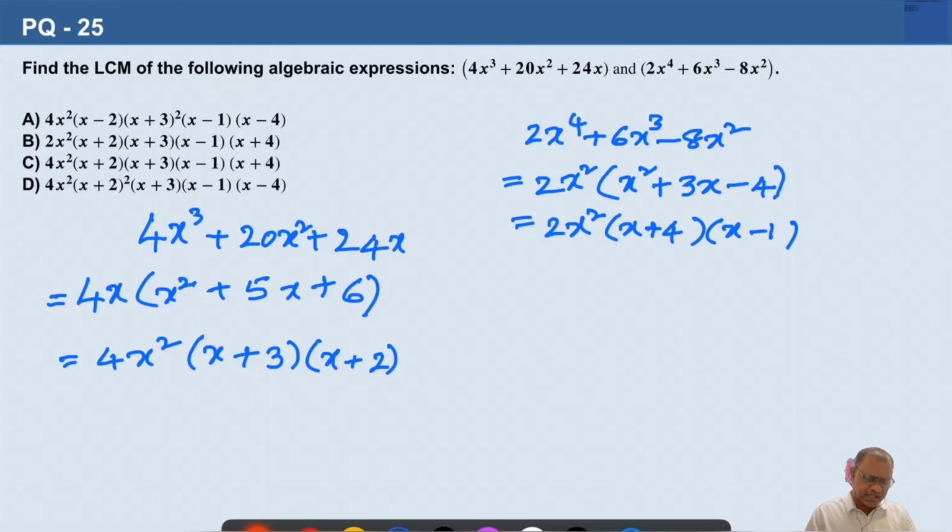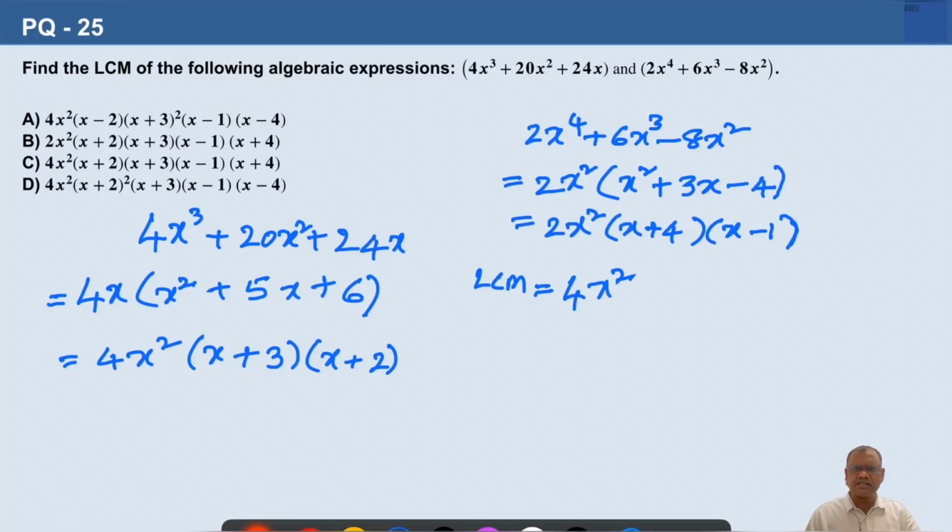Now let us find their LCM. For 2 and 4, the LCM is 4 because 2 is a factor of 4, and x square is common in both. So write down x square, since the highest power is 2, and we have x minus 1, x plus 4, x plus 3, x plus 2.